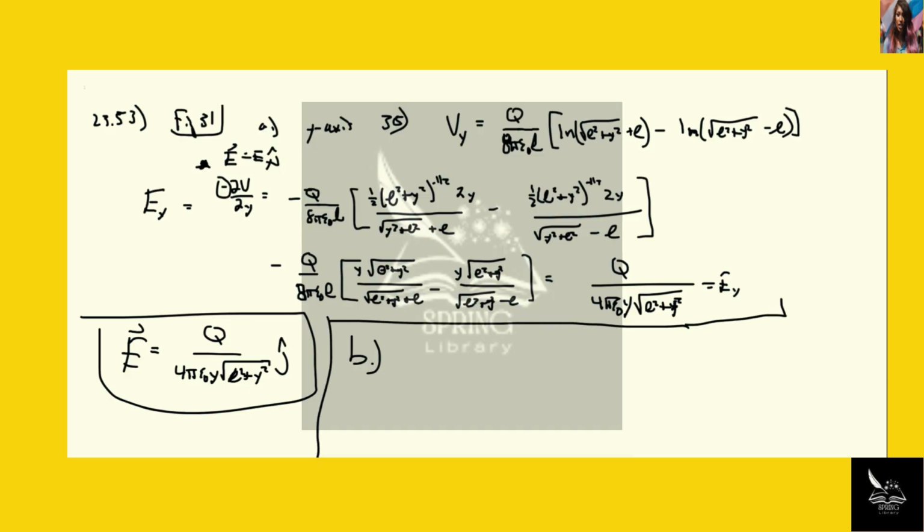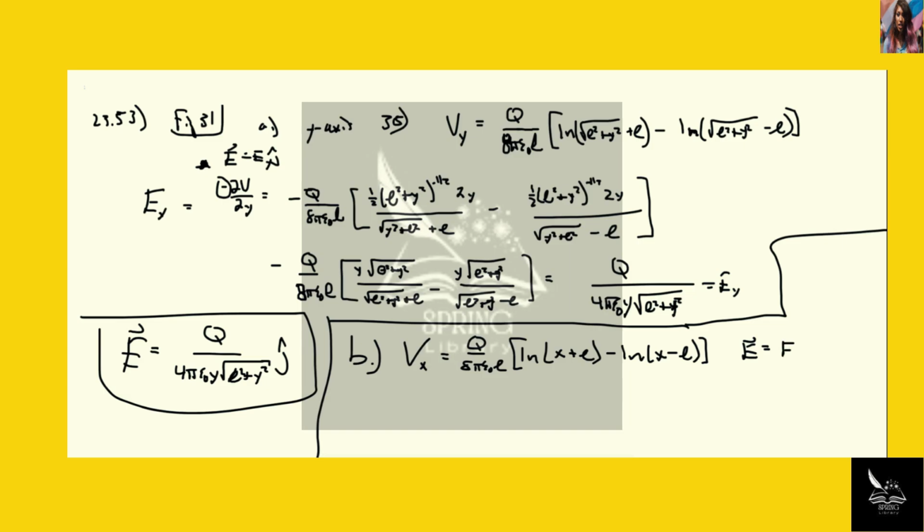So for part B, they found V along the x-axis, and this was given by Q over 8 pi epsilon naught L, something kind of similar, ln of x plus L minus ln of x minus L. So from the same argument as before, we should know that the electric field is going to be pointing only in the x direction by the symmetry argument.